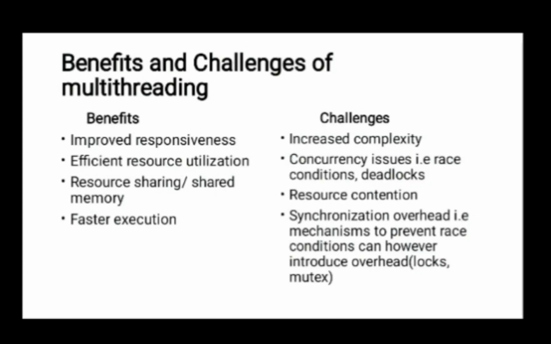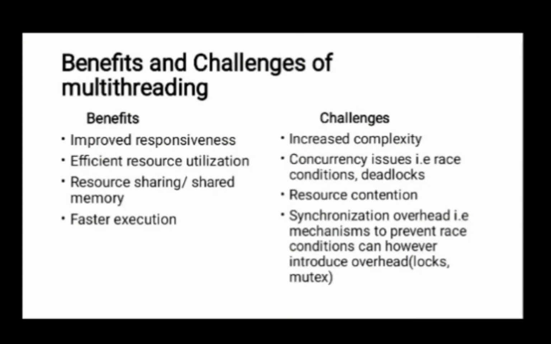So when you move to the next benefit, it is efficient resource utilization. So multi-threading enables better utilization of the system resources, basically the CPU cores, by allowing the multiple threads to run in parallel. This enables the CPU or the task to maximize the resources that are available.